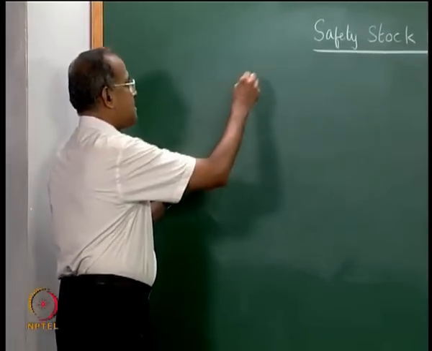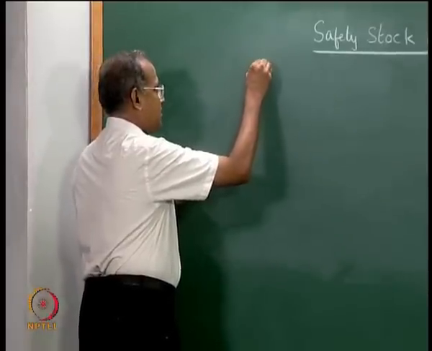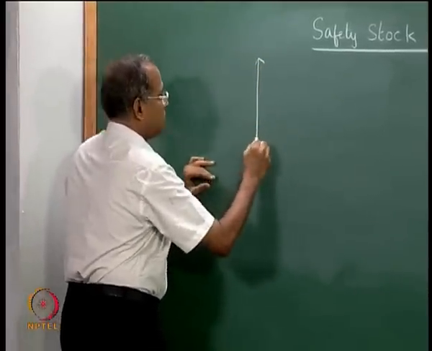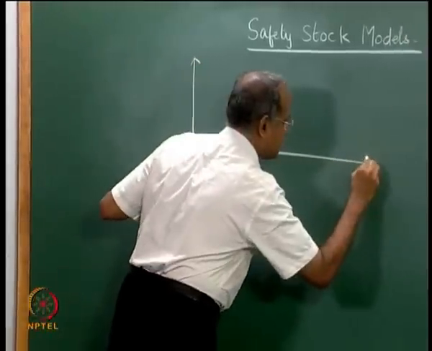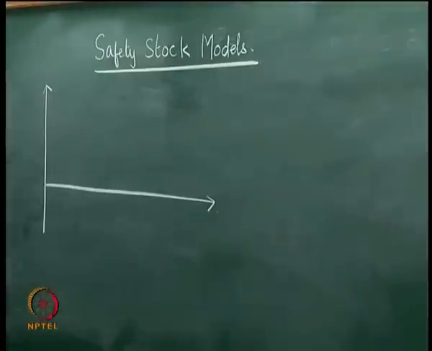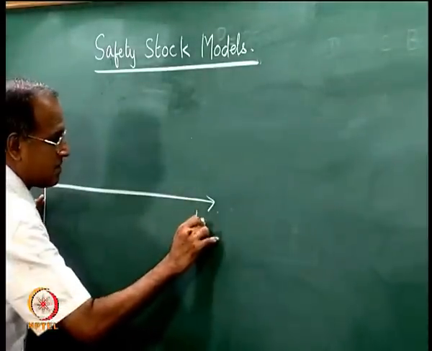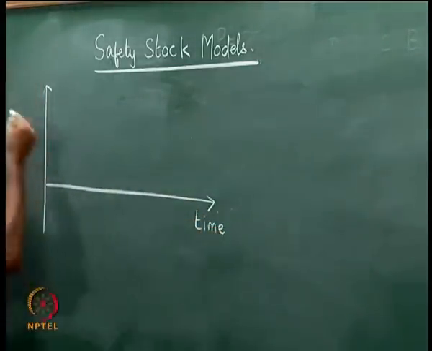So, we go to the very basic inventory model where we buy an item. We have this as the time axis, and we order a quantity q. Let us assume at the beginning, this is time, this is inventory.